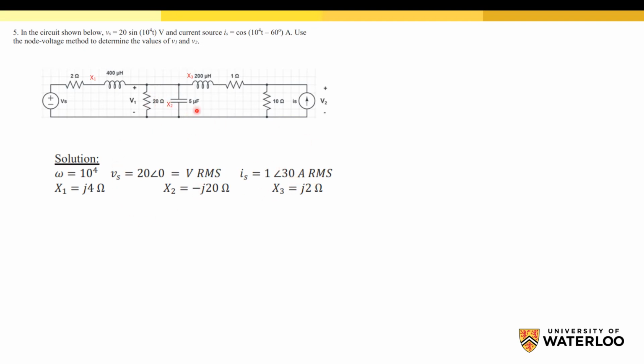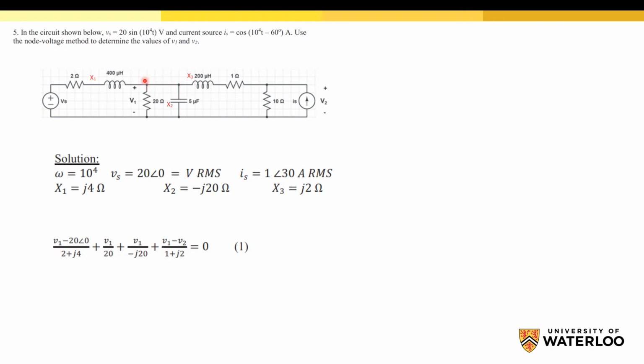So we can now define our nodes. We have one node here as a reference, which is 0. We have one node here which is V1, and this node will be directly V2, and we'll do the same steps as we did in the previous question, but for complex numbers. So we'll write the equation for V1.